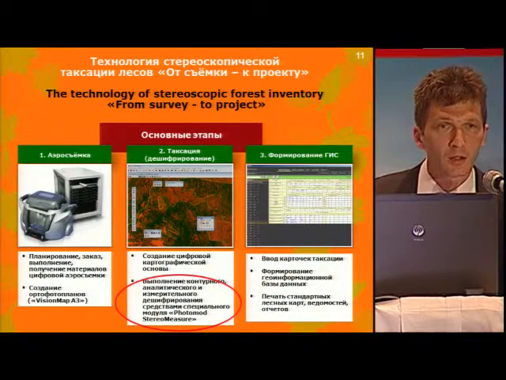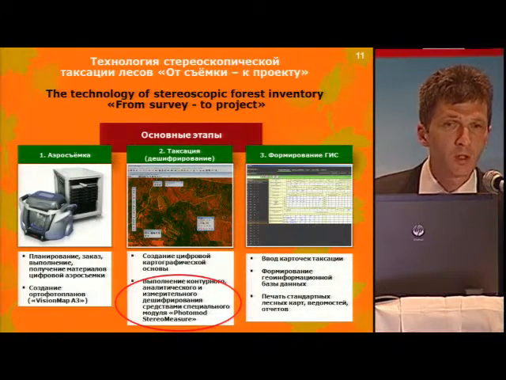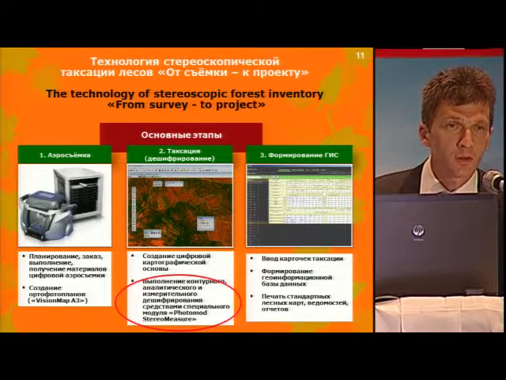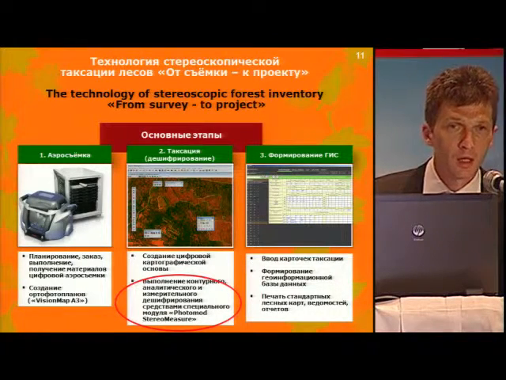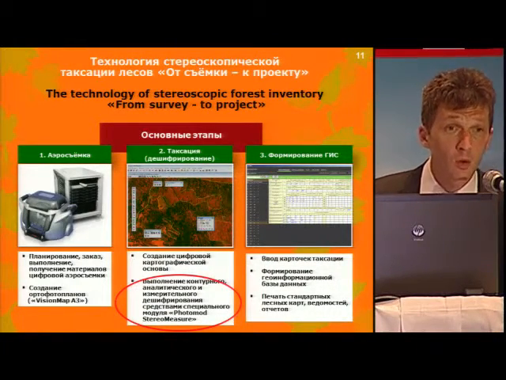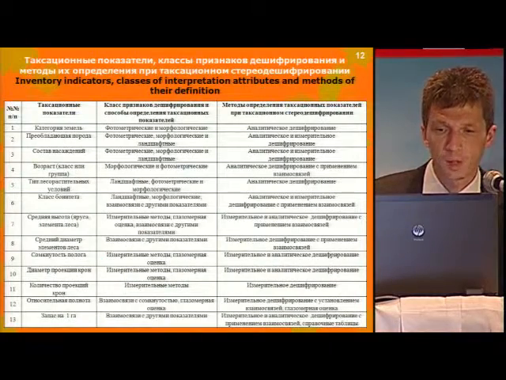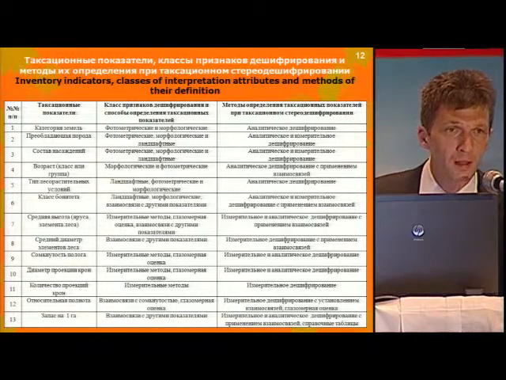Again, we worked with Vision Map camera and doing the contour interpretation of forests in the environment of PHOTOMOD StereoMeasure, and then we would shape up the forest geoinformation system, and the red color shows the core thing which is done by the PHOTOMOD system.